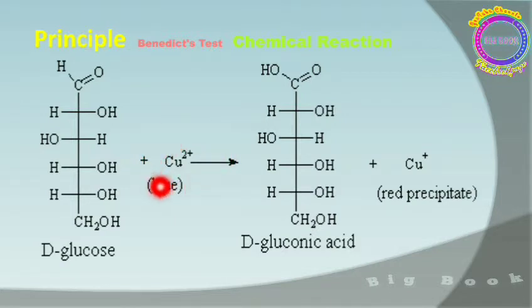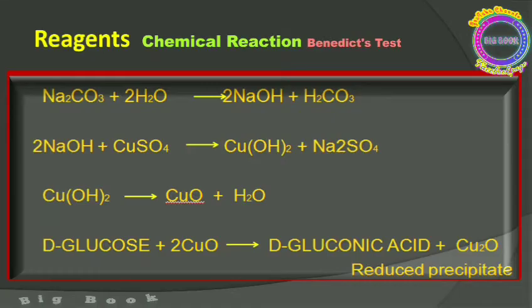Here it is having the sodium citrate with the copper sulfate, and it is going to react to give rise to D-gluconic acid from D-glucose. So here you will find the red precipitate, and also this is the chemical reaction where, while preparing the reagent, there will be sodium carbonate and sodium hydroxide, and it is going to give rise to the formation of the reagent.